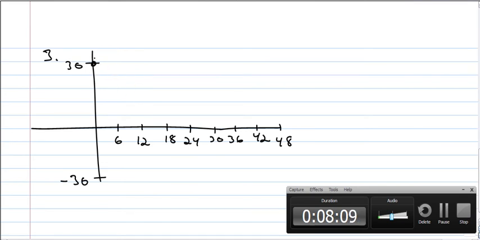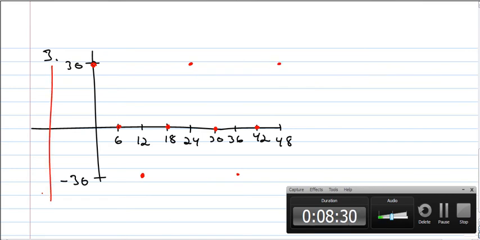Okay, so we're still putting together the graph. 6, negative 30. Not totally drawn to scale, but we're definitely looking at a cosine curve. The amplitude is 30.